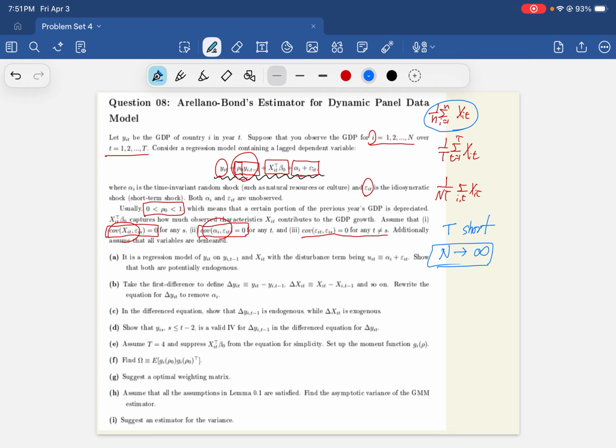So when I say expectation, I mean expectation across countries. In these covariances, I put conditions about t. That means the covariance takes care of i, but t must be assumed. Anyhow, that's a digression.